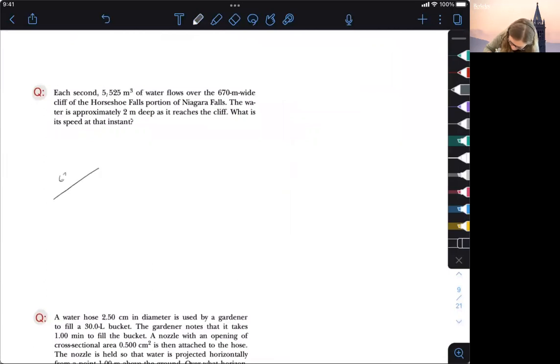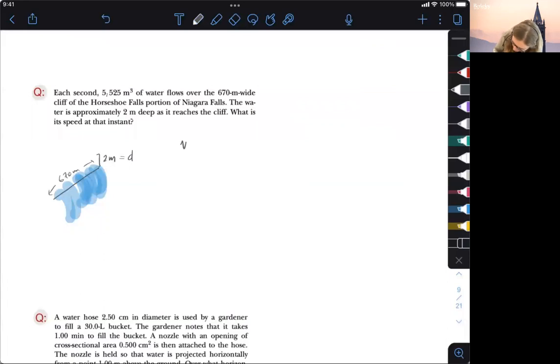So this is 670 meters, and this is how wide that cliff is, and we have water coming over the cliff. We also have a depth of the water, so it's 2 meters deep as it reaches the cliff. And the question is, what's the speed at the instant that it reaches the cliff?